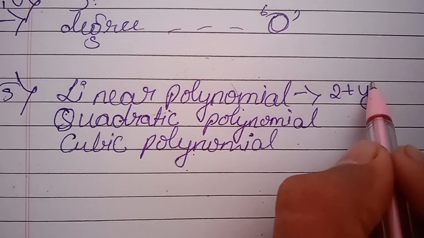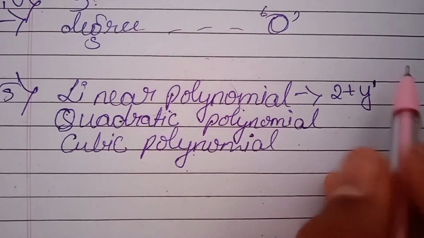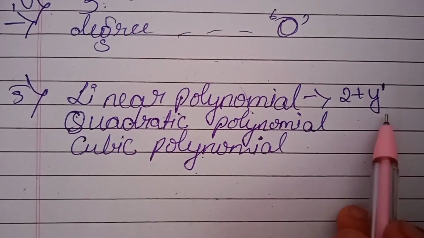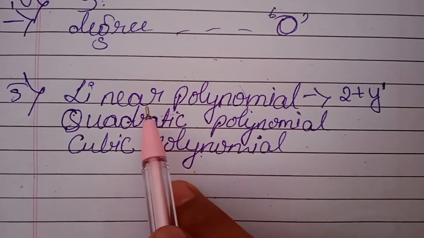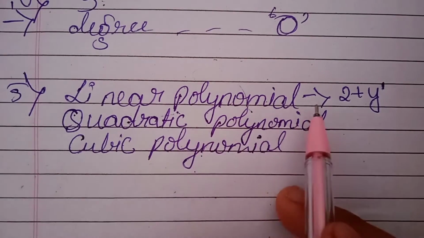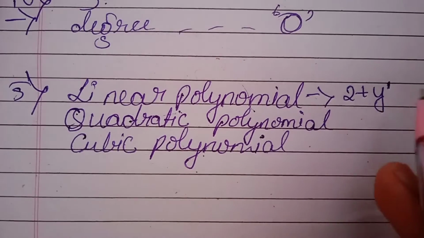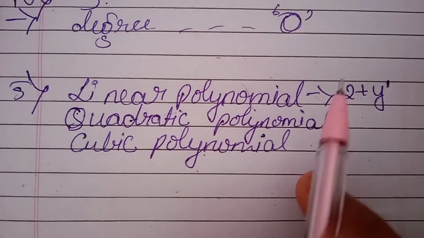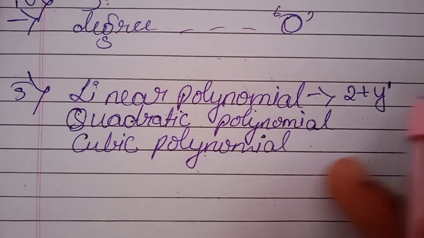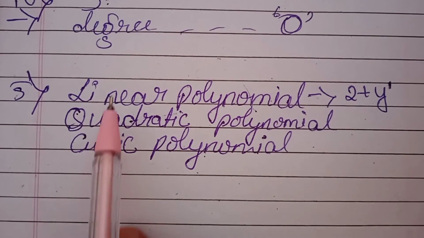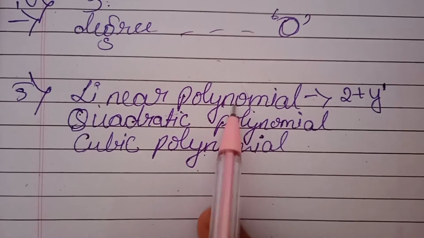There is only the power of y, which is 1. When the power of the variable is equal to 1, then the expression is called a linear polynomial.